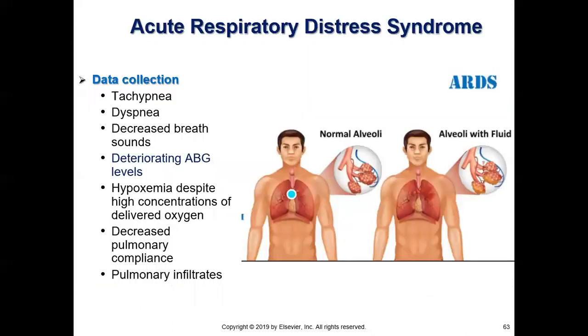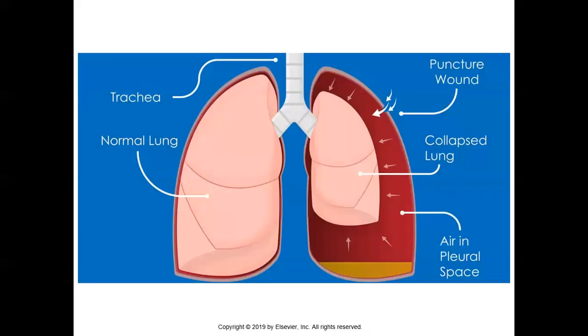In acute respiratory distress, we see in this picture, this is the normal lung, this is the trachea, but here we see the air is accumulated and the lung does not get enough space because of the pressure of the air. It does not expand enough.